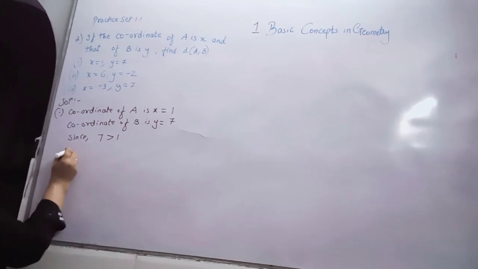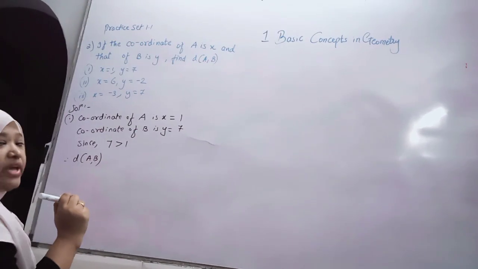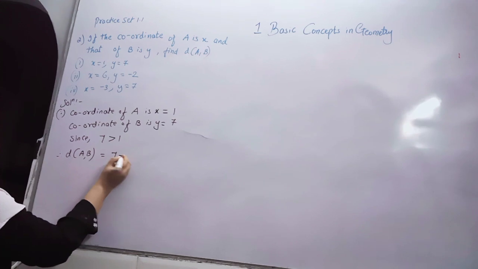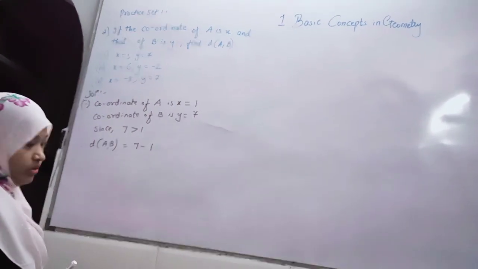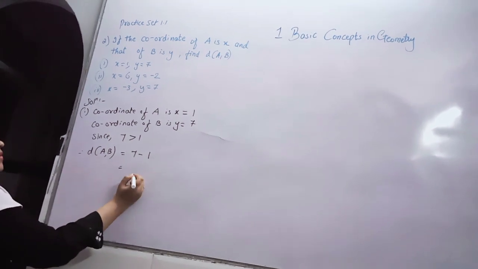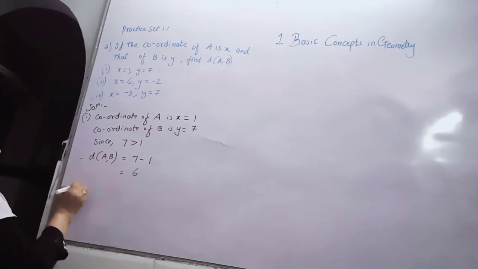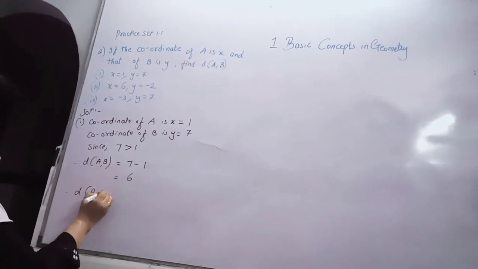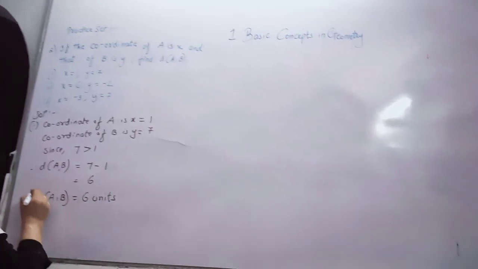So the distance of A and B is equal to 7 minus 1. What is 7 minus 1? It is 6. So the distance of A and B equals 6 units.